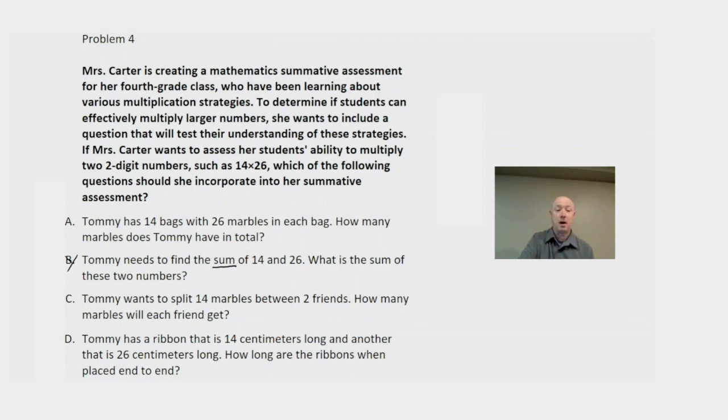Well, if he's splitting the marbles, he's dividing the marbles, so that's a division problem. Choice D, Tommy has a ribbon that is 14 centimeters long and another that is 26 centimeters long. How long are the ribbons when placed end to end? That would be getting the sum of the two ribbons added together, so that would be addition.